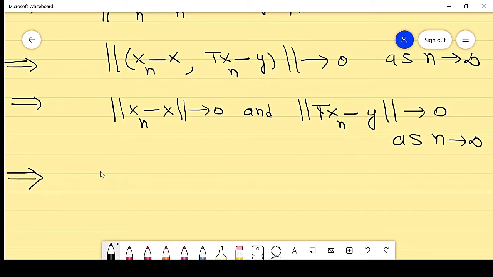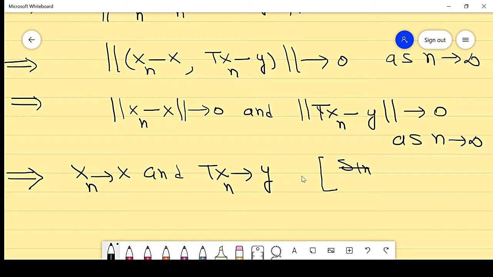So xn approaches x and Txn approaches y.